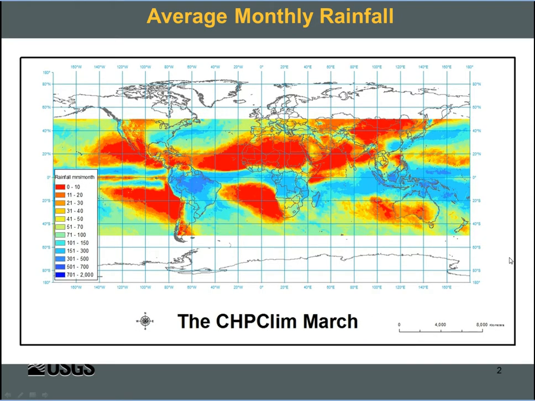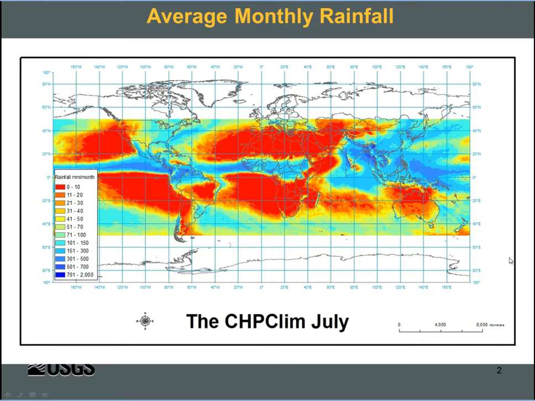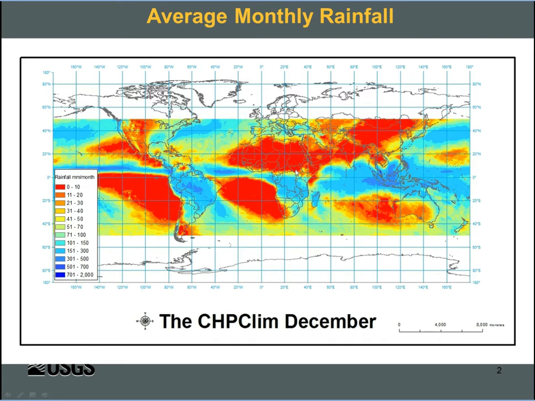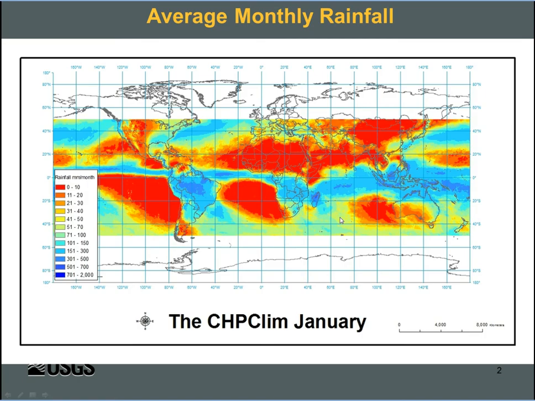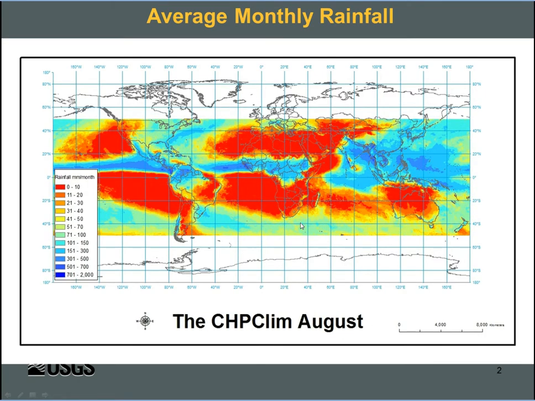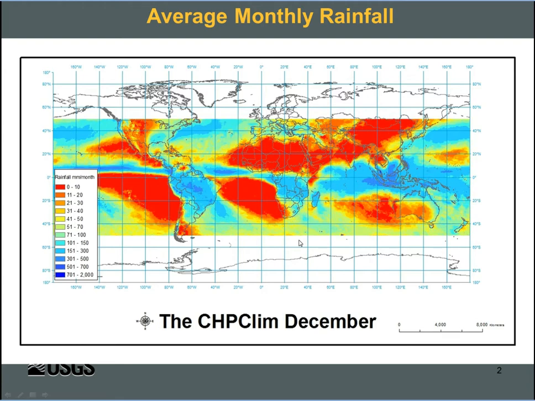This is the climatology, and here we see how the rainfall moves up and down due to the ITCZ, and that's the regular pattern during the year.